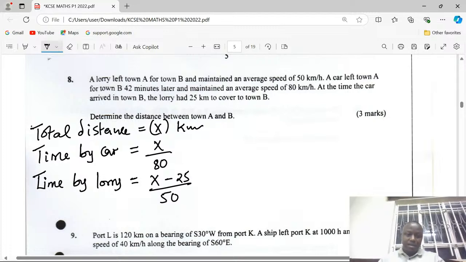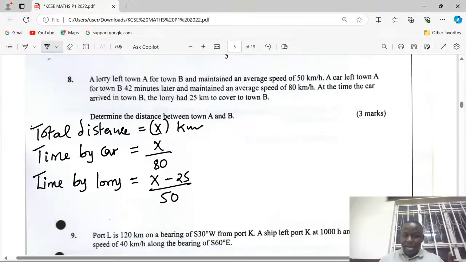So logically, we can even equate these two times. By the time the car is covering x over 80, the lorry will have covered a distance of x minus 25, because it will not have covered the total distance out of 50.